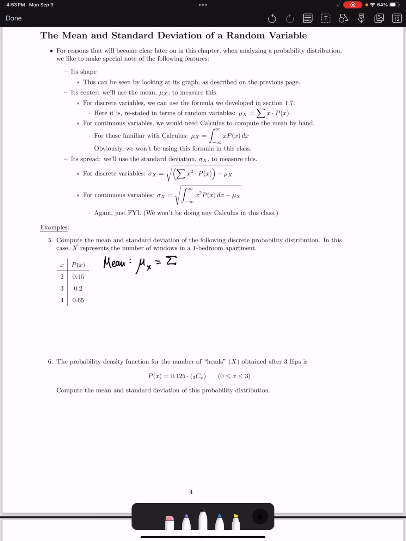It's a sum of x times p of x. Okay, so in this case, that's going to be 2 times 0.15 plus 3 times 0.2 plus 4 times 0.65.